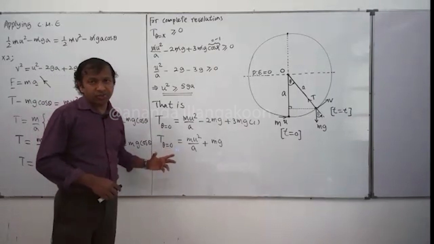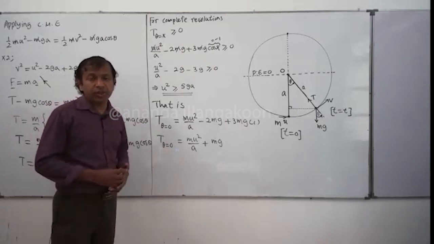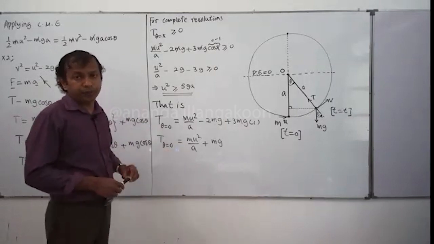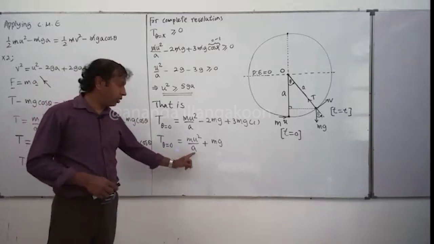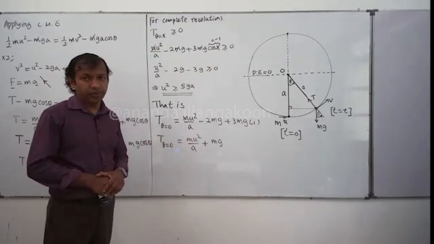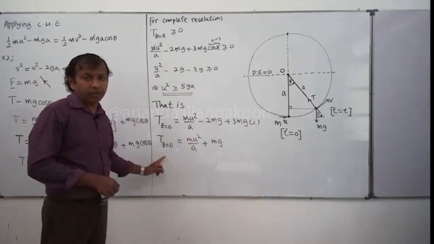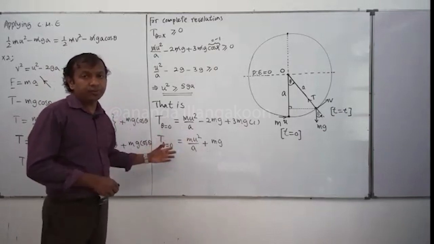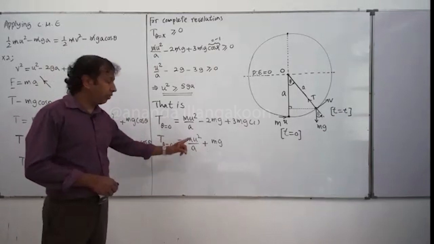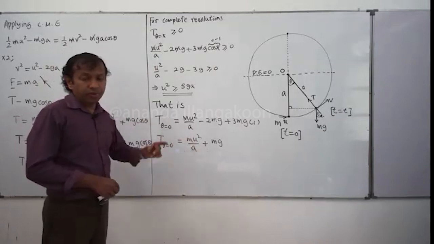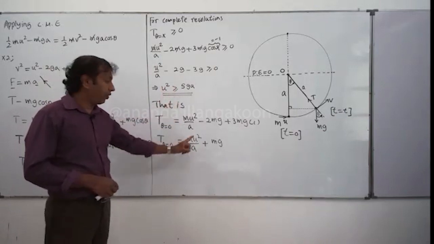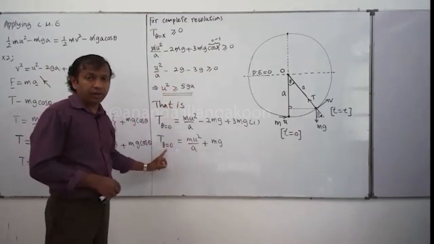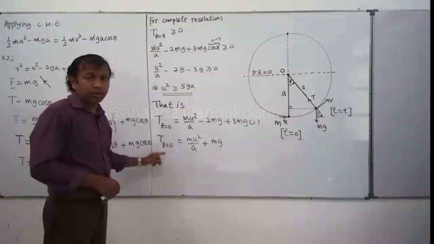Maximum tension occurs at theta 0, that means when the particle is projected. That expression contains U squared. Now again, at the beginning, that tension depends on U squared. The minimum value of U squared is 5GA. Once I take that here, the minimum tension comes.